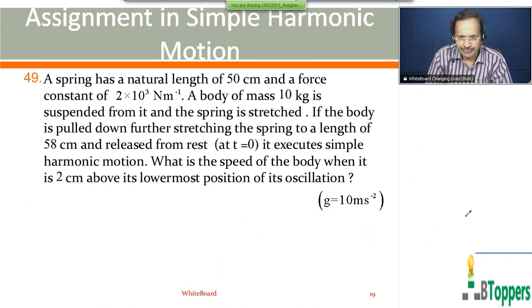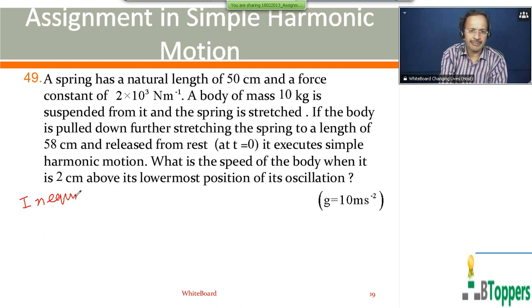So to find the speed, you have to find omega and the amplitude of oscillations. To know the amplitude of oscillations, you have to know the elongation of the spring in the equilibrium position. In the equilibrium position of the mass, the position where the net force becomes 0, two forces act on the mass in opposite directions.